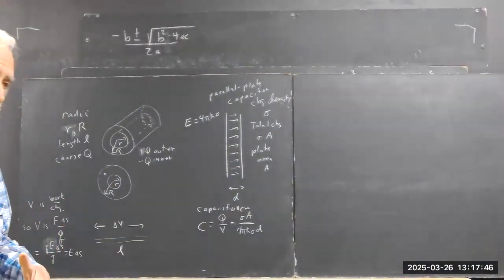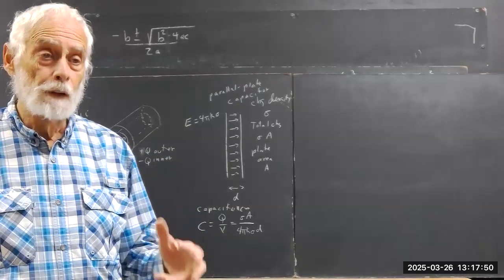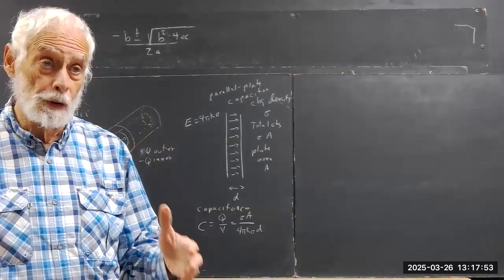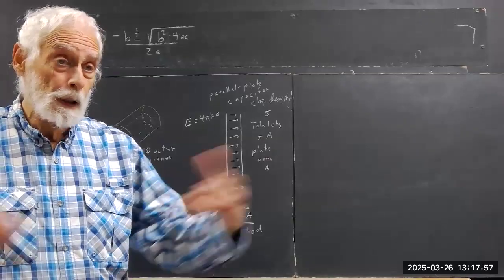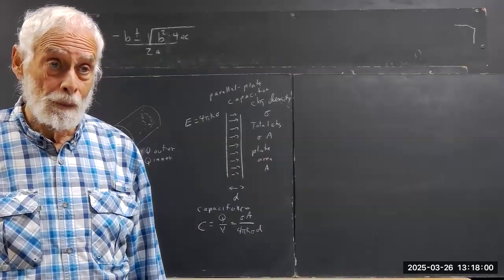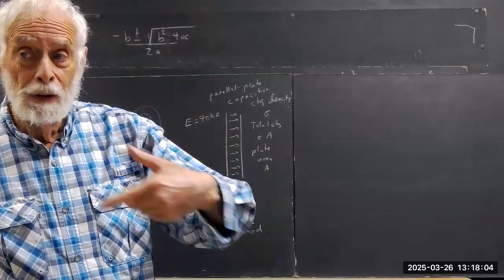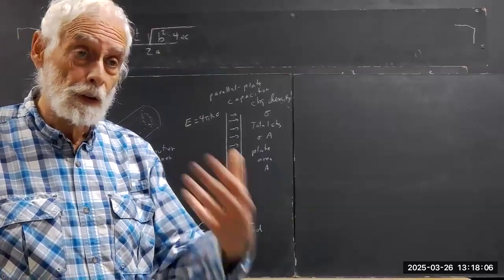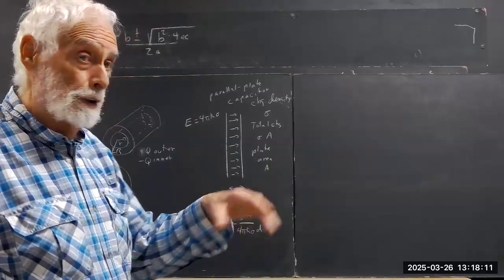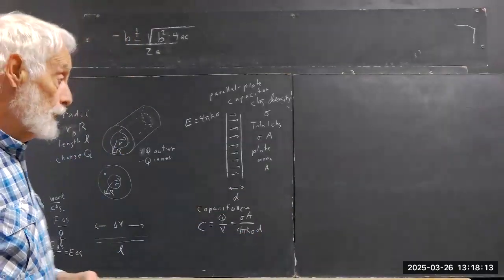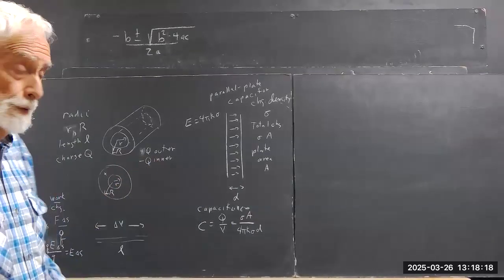If we know the charge density on the wire and the length of the cylinder, we can figure out how much charge is enclosed in the cylinder. And then the flux is 4 pi kq. Then we divide that by the surface area of the curved part of the cylinder, and we get the electric field using all the symmetry. I want to review that because we did that in class.